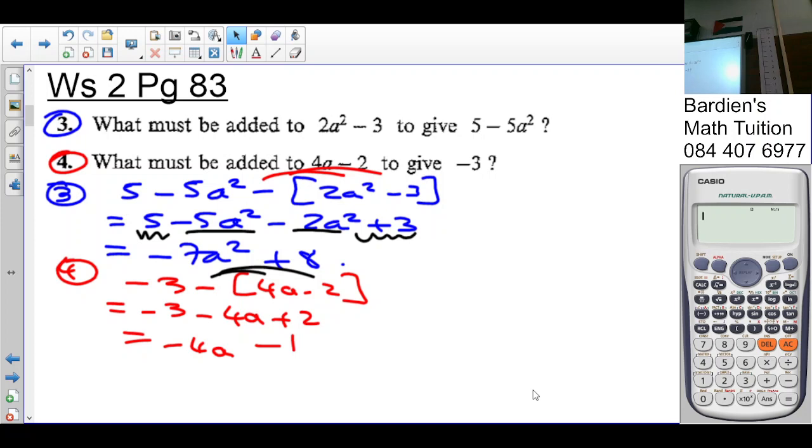Yeah, it is right if you got the answer right. Negative 1 minus 4a. No, my number 3 is 8 minus 7a squared. I do have the answer, so I put 5 minus 5 is 2. That's fine. The bracket is not going to have any effect if you put a bracket here. It doesn't make any difference.